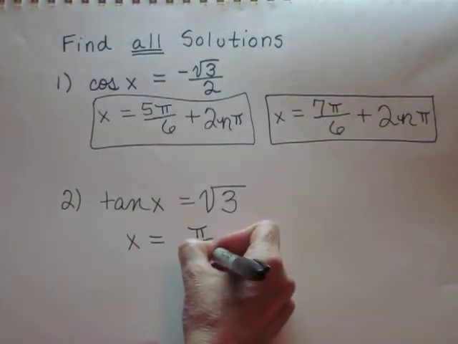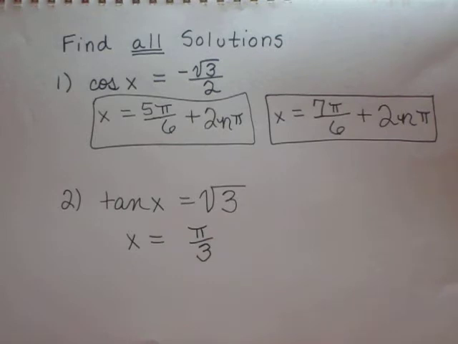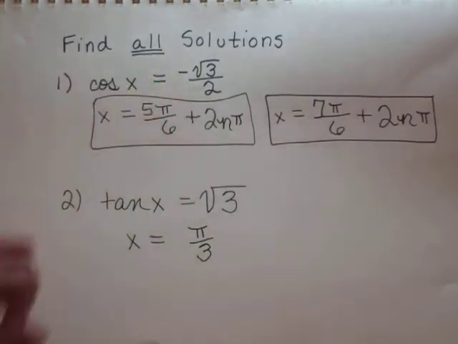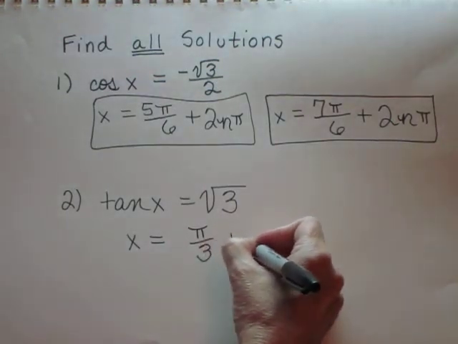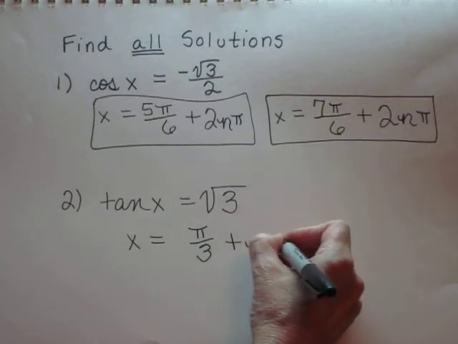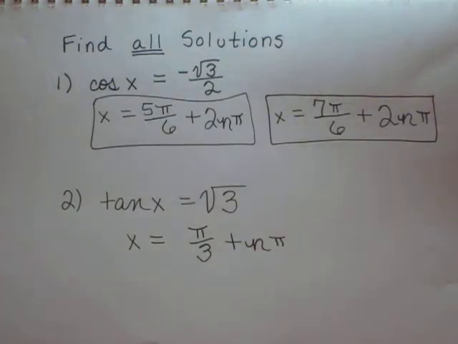That's in quadrant 1, so that's definitely a correct answer for the positive here. And for tangent x, since the period is just 1 pi, we can stop here and just put it in quadrant 1 and add n times pi, which will get us really halfway around the circle, and that'll give us all of the correct solutions for a tangent that's positive.